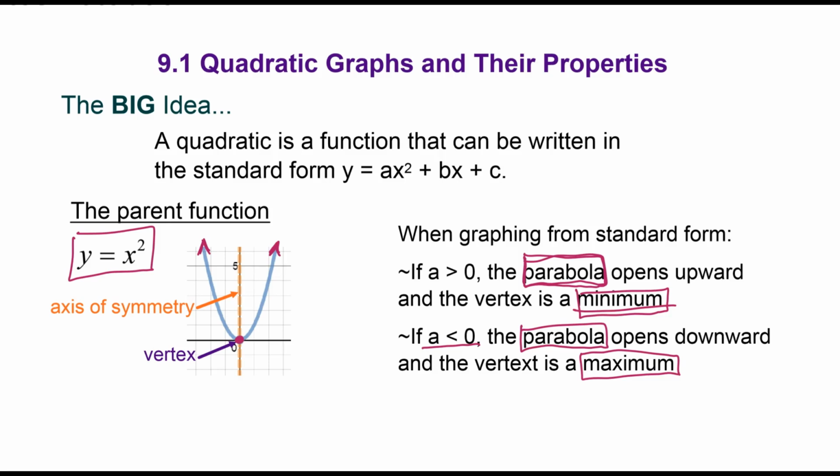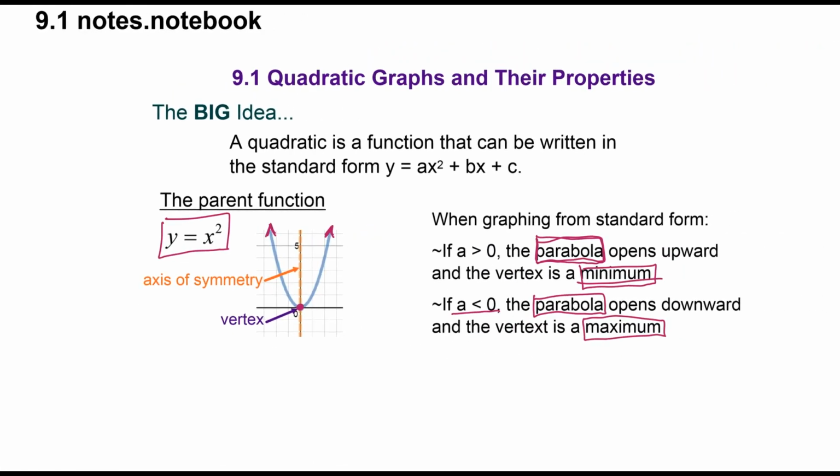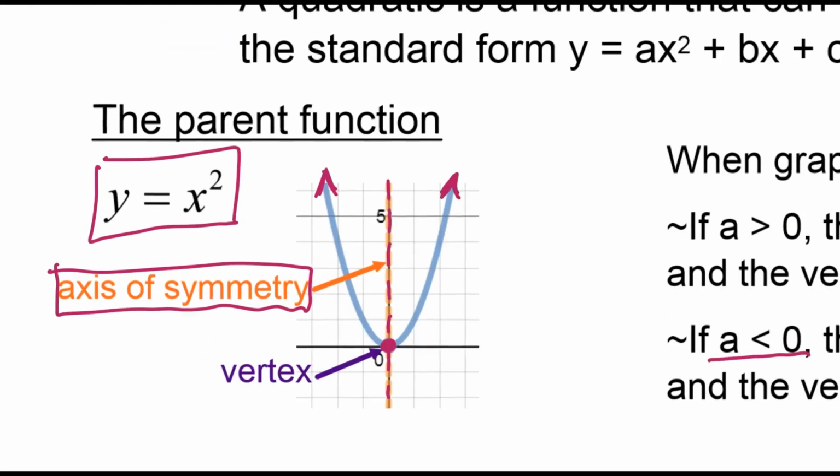We've also got some other vocabulary on this page. We've got the axis of symmetry, which is this dashed line right here. That dashed line is invisible, but in this unit we're going to sketch it quite a bit. We also have the vertex, which is the tip of the parabola.